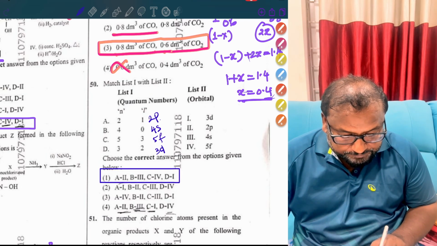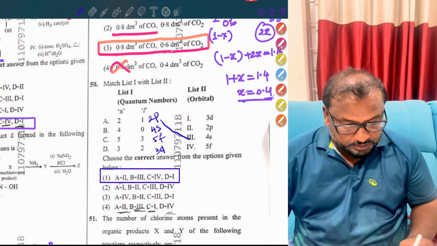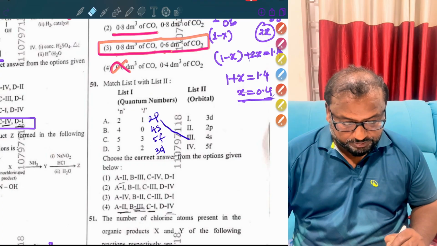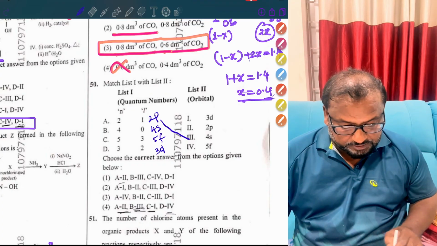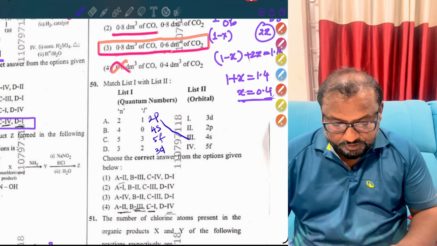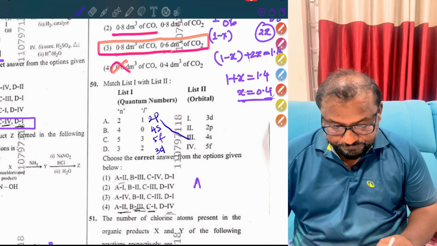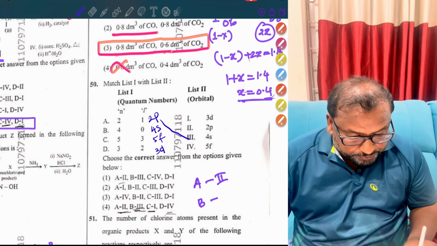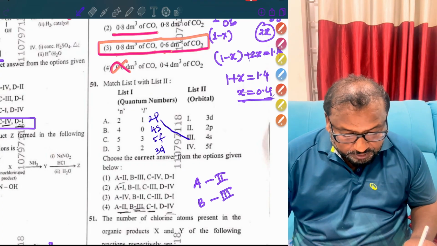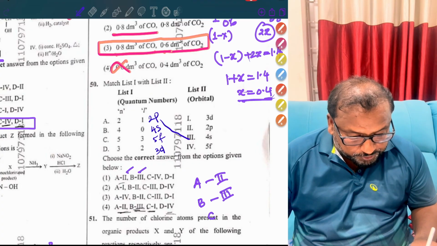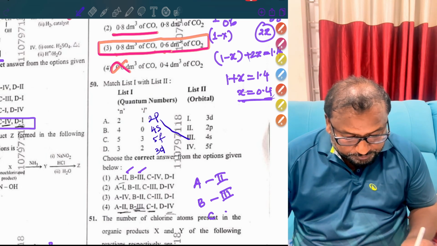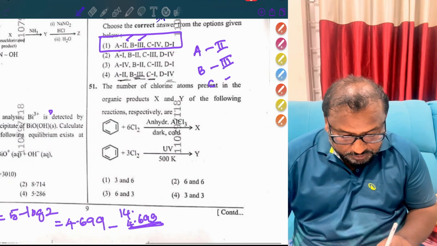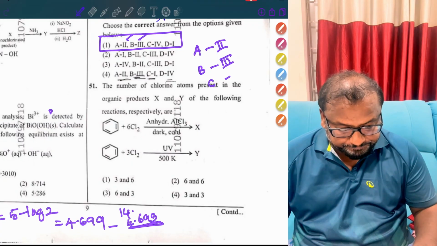Why? Because 2p is there with the third option. Sorry, it's not the first option. Let us match it. You have to be careful while doing these questions. So A goes with 2p, that is 2, and B, 4s, goes with 3. So A2, B3. C goes with 5f, 4. So yeah, the right answer is the first option itself.